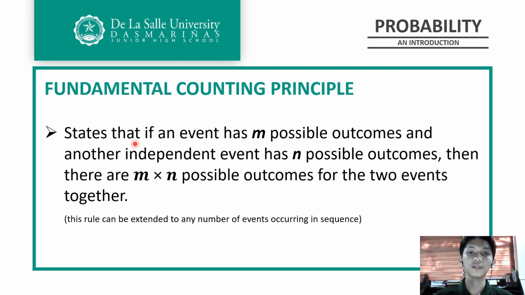It states that if an event has m possible outcomes and another independent event has n possible outcomes, then there are m times n possible outcomes for the 2 events together. This rule can be extended to any number of events occurring in sequence. So basically, we'll just multiply the number of possible outcomes for each part of the experiment or given problem.